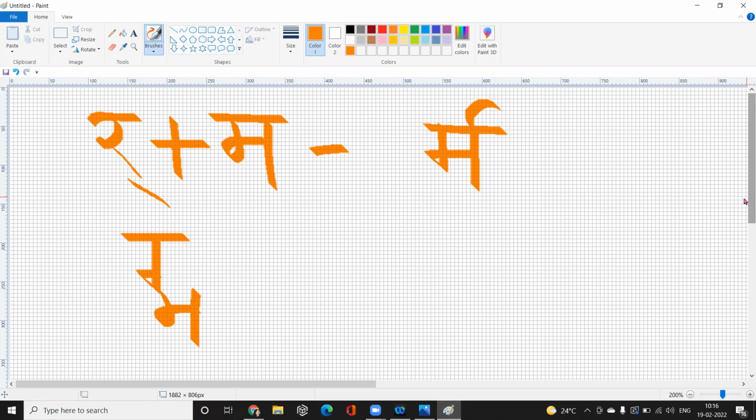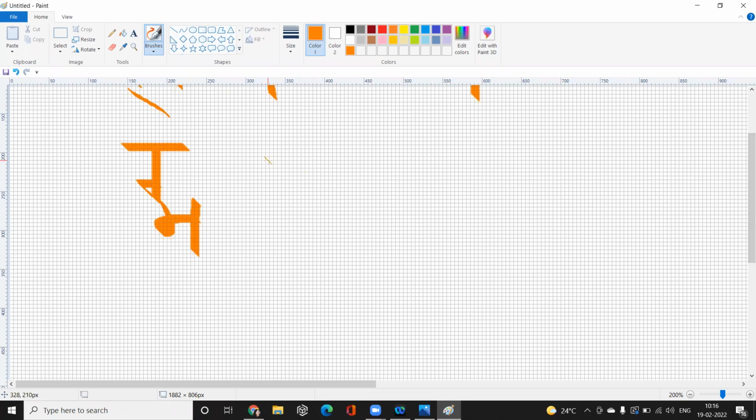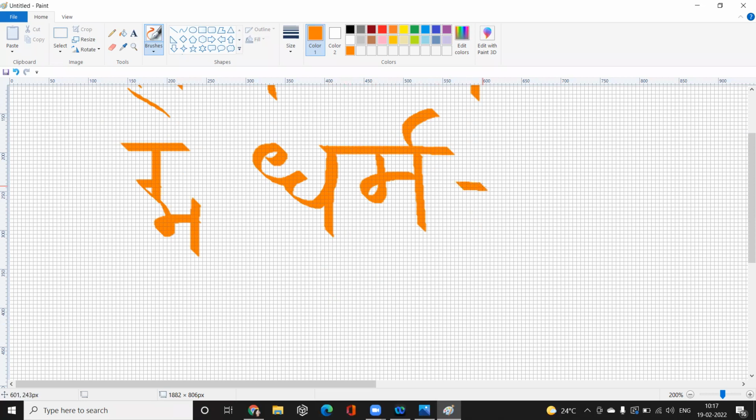For example, I have a word dharm. How I'll write it? The, then ra, and in Sharda, if you see, we pronounce the word as dharm. So after the sound of ra comes, and then the sound of ma comes.